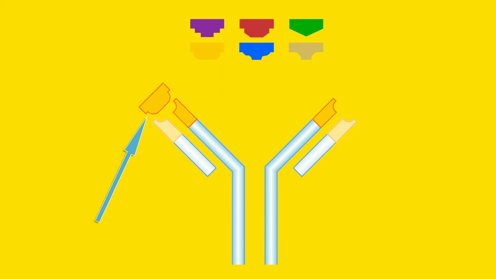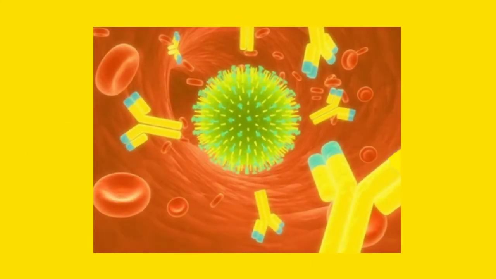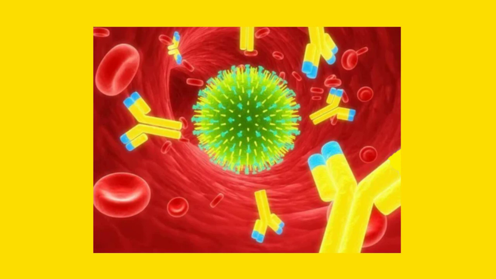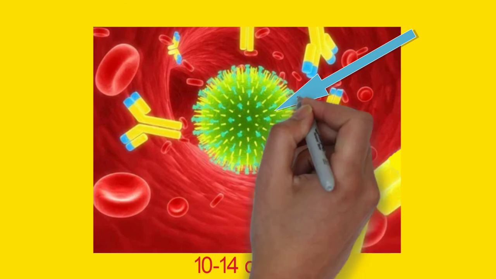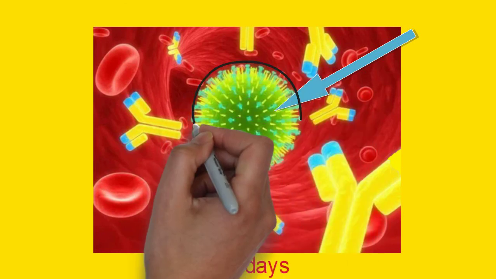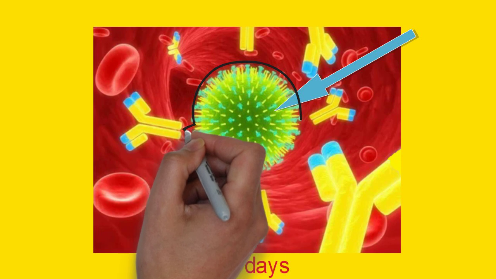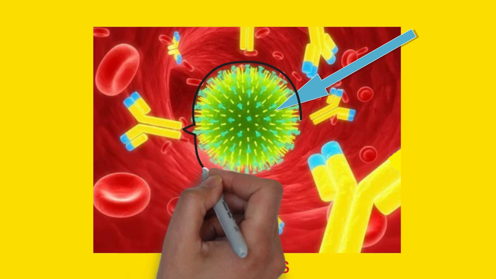After the first contact with a new pathogen, the development of adaptive immunity takes time, about 10-14 days. However, after this the antigen is remembered, and subsequent responses to this antigen develop faster and more efficiently.